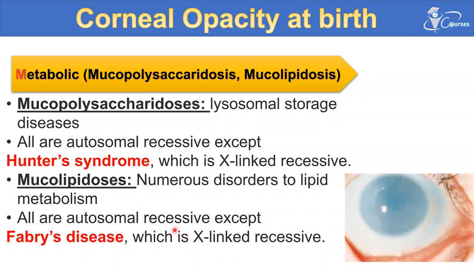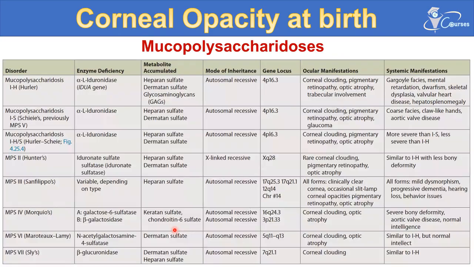Okay? It can be a little bit difficult to memorize all the causes of mucopolysaccharidosis. So you will find there is a group of diseases characterized by enzymatic deficiency, but let's try to summarize the most important syndromes and the most important features.